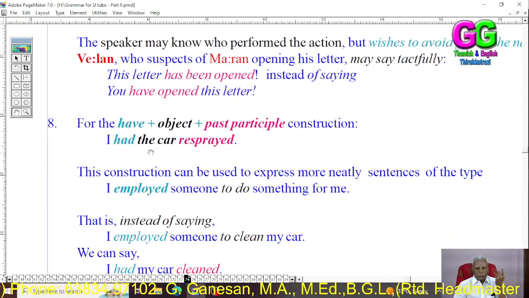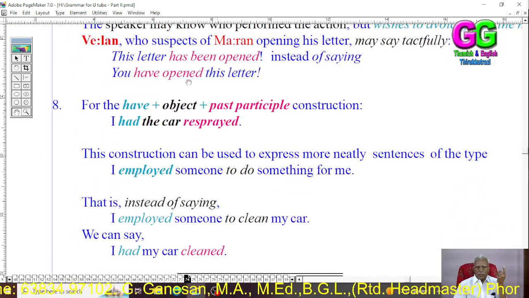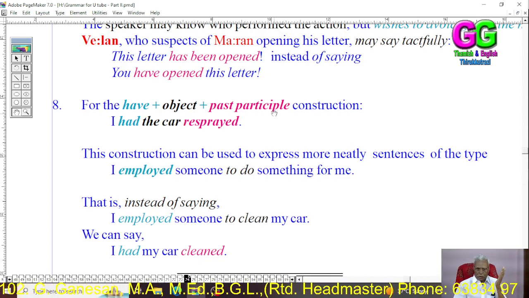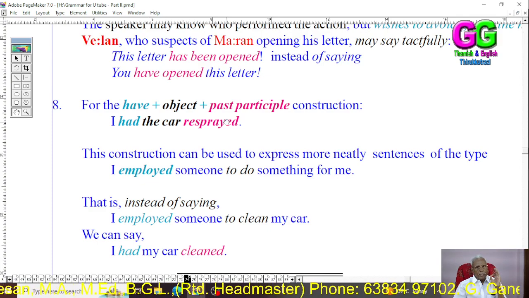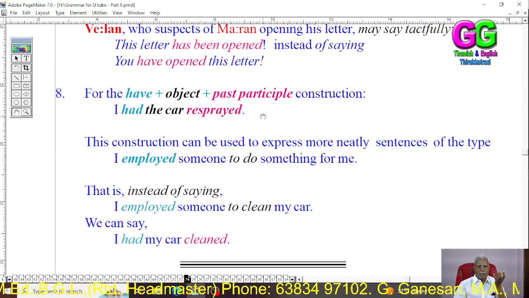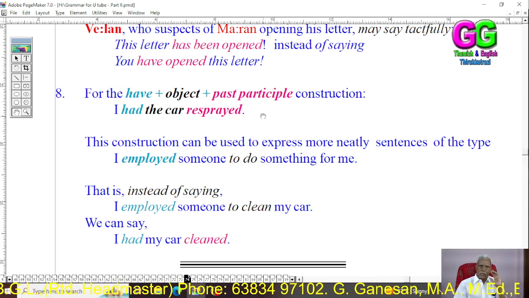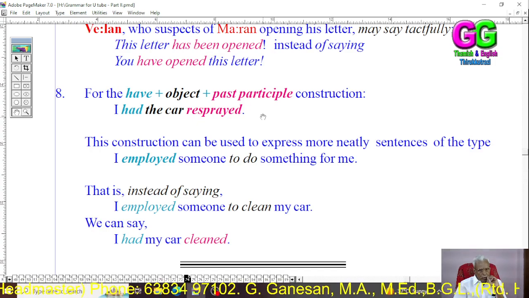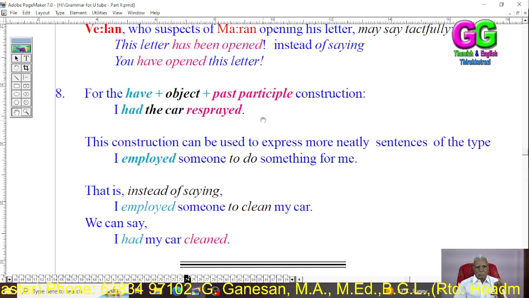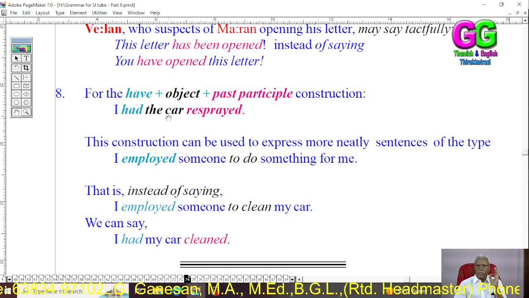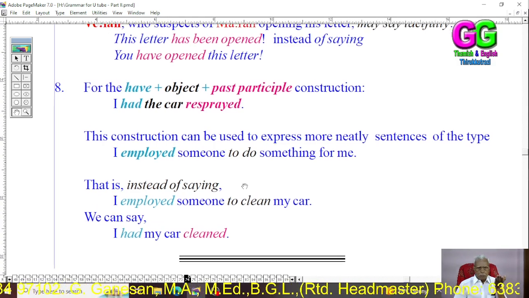Then the eighth use: the construction verb plus object plus past participle. I heard the car resprayed. If I say somebody has resprayed my car, that's not good. It is better to say, I had my car resprayed.